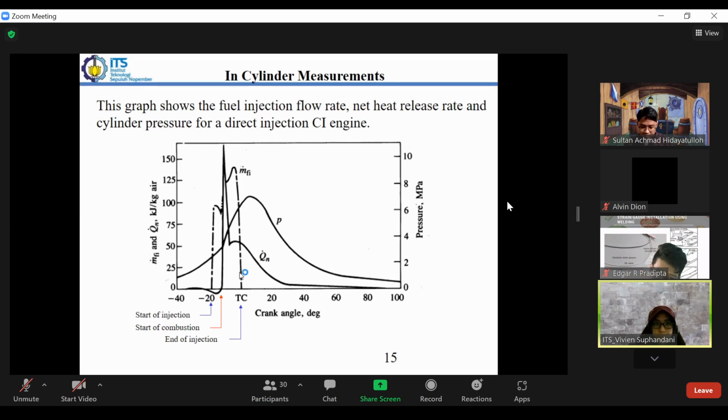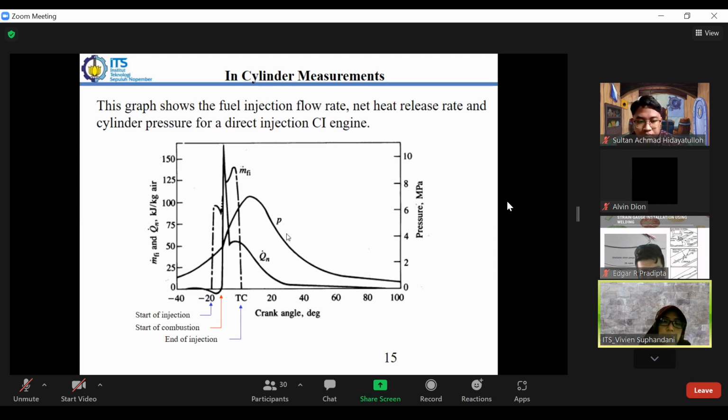We see a sharp increase here, and afterwards the heat addition after the premix combustion process is not as large as this one.